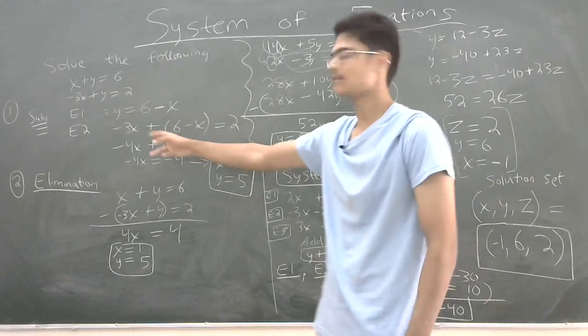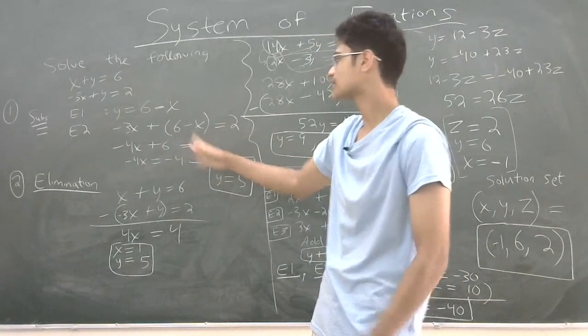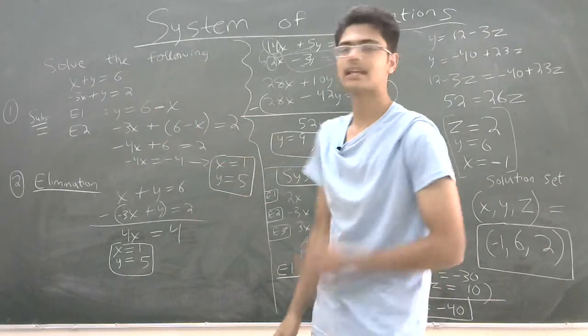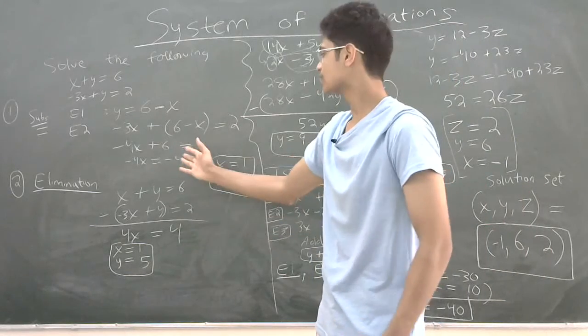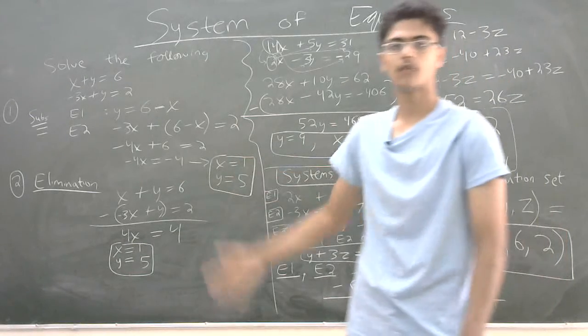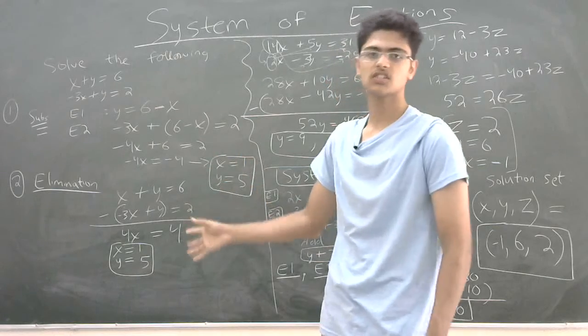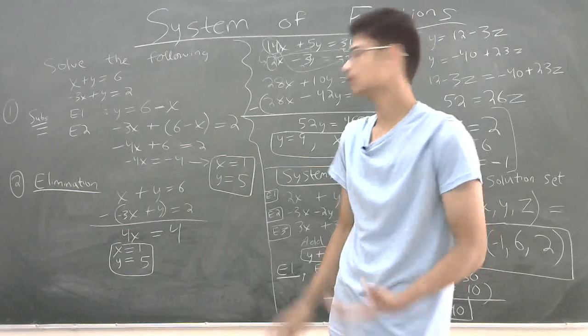So really you have negative 3x plus 6 minus x is equal to 2. And really after you solve all of this out, you get negative 3x minus x, which is negative 4x, plus 6 is equal to 2. And solving this further, we get negative 4x is equal to negative 4, x being 1. Substituting the value for x into the equation, we get y is equal to 5.